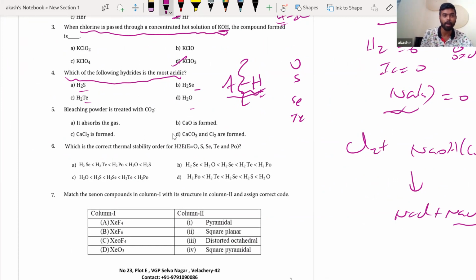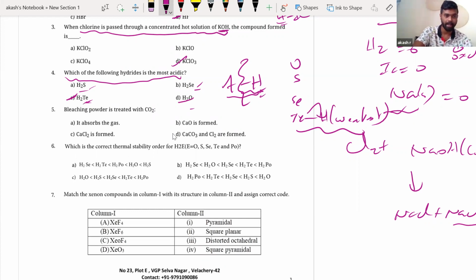So obviously H2Te, the Te-H bond, is the weakest. So here I have to supply the least amount of energy for H plus to come out. So the answer to this question is H2Te, which can easily give me H plus. I know the OH bond is very strong. The SH bond is a little weaker, the selenium H bond is also a little weaker. Weakest of them all is H2Te.